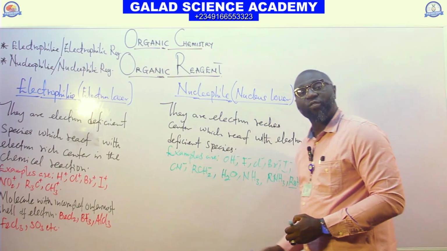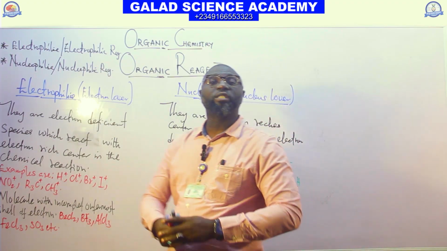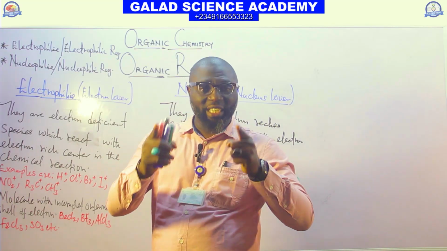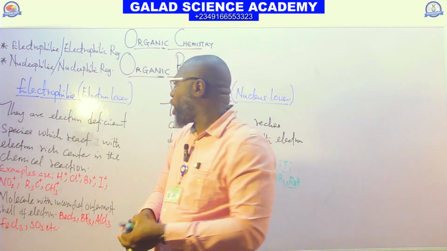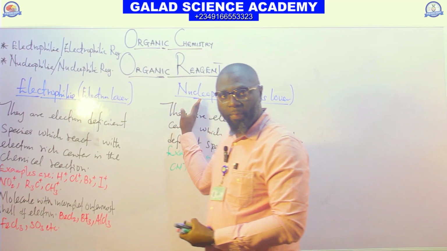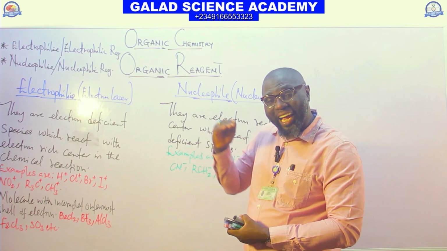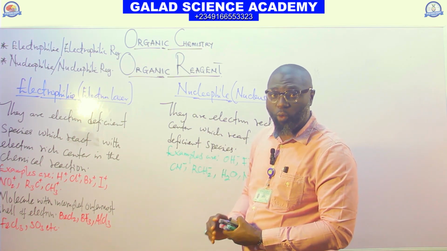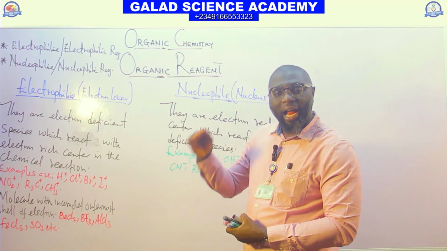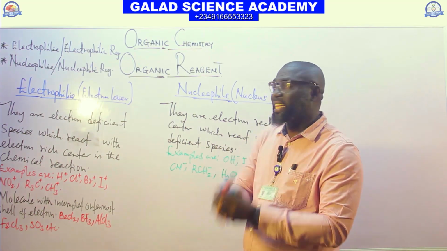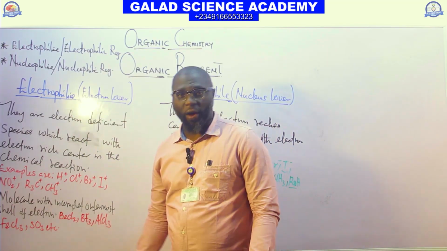So any species of an atom that has enough electrons and always reacts with electron deficient species is called a nucleophile. But any species of an atom or molecule that lacks electrons and always reacts with the electron rich center is called an electrophile.